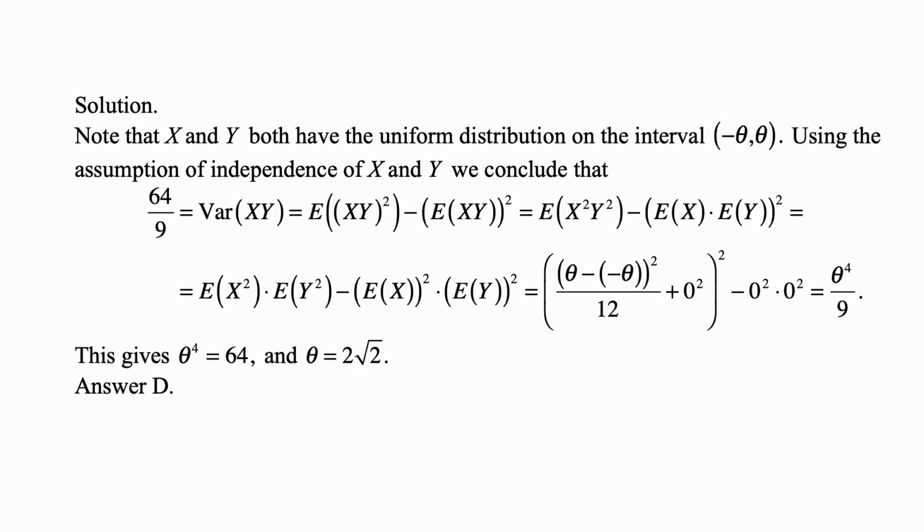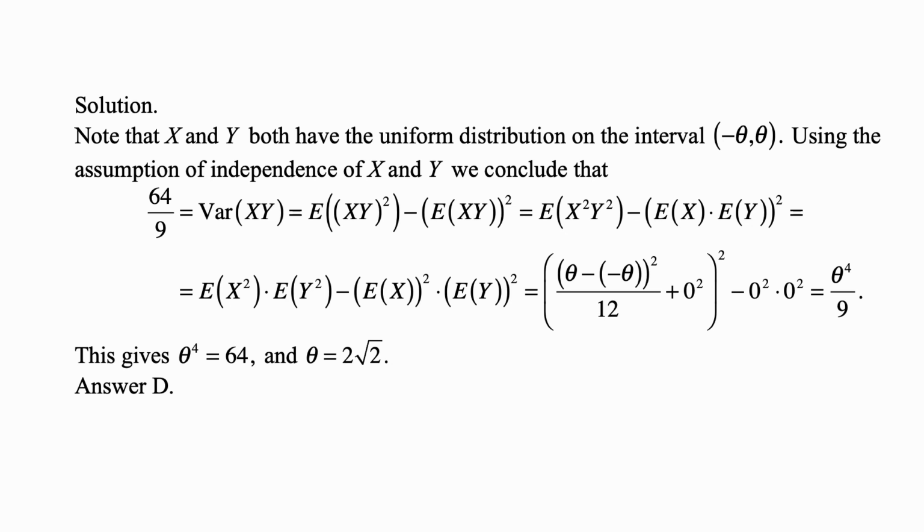So the expected value of x squared is the variance plus the square of the first moment, which is theta minus minus theta, which is really 2 theta, the whole thing squared over 12, plus 0 squared. And this is multiplied by itself because it's e of x squared times e of y squared, and this quantity is the same for both of them, minus 0 squared times 0 squared.